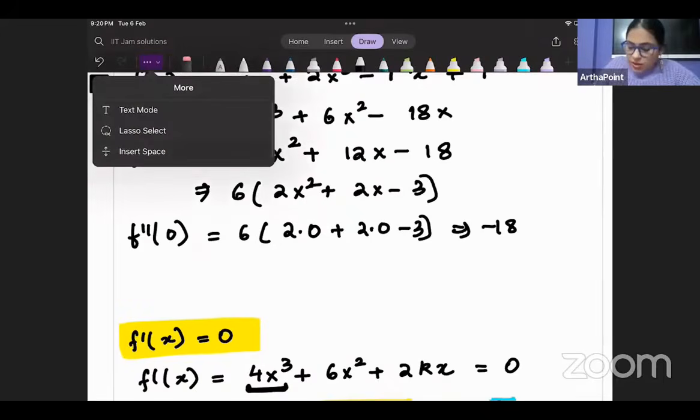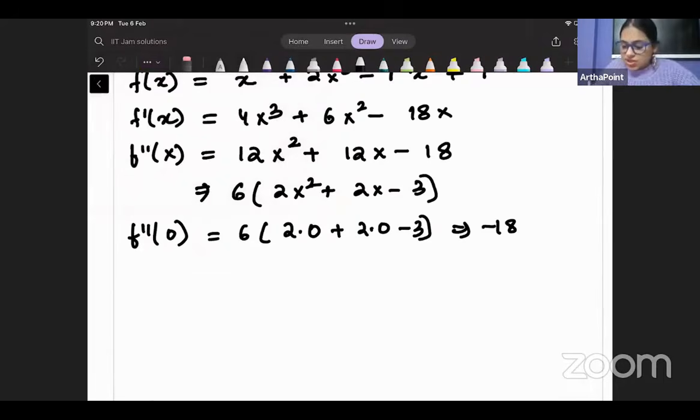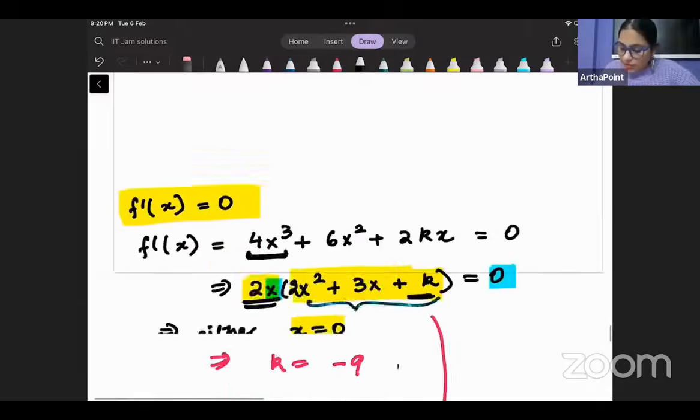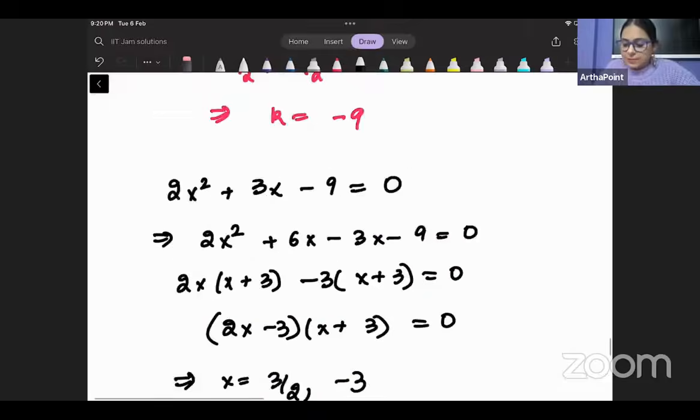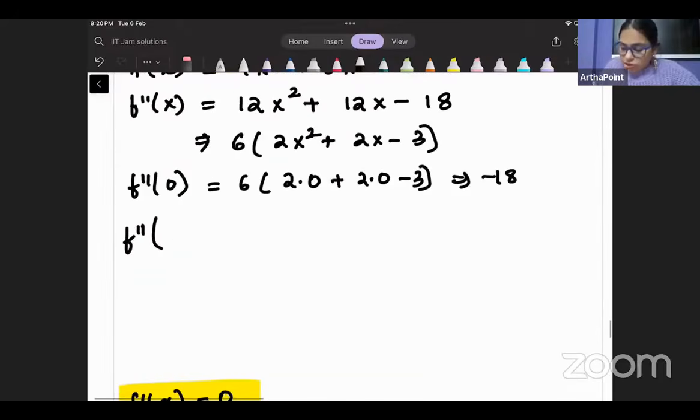Okay. Now, beta, just tell me what will be f double dash of your the next value. तो दूसरा क्या वैल्यू है हमारा? What is the next value we have evaluated? The next value is -3. So what will be f double dash of -3?